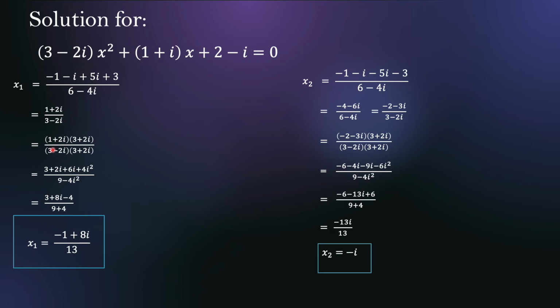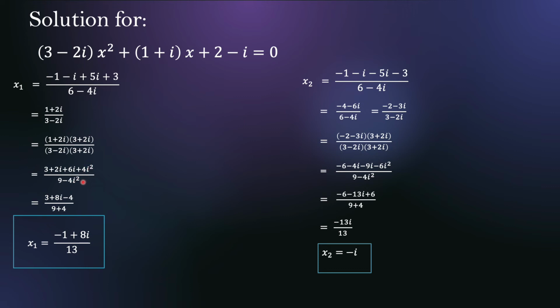So in the denominator, we have a difference of two squares. That is 9 minus 4i squared. And in the numerator, I've got 3 plus 2i plus 6i plus 4i squared. Again, we have to remember that i squared is the same thing as negative 1.